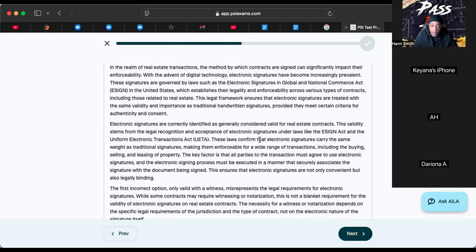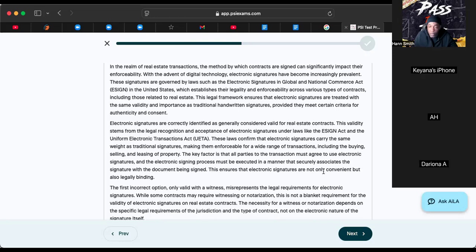These laws confirm that electronic signatures carry the same weight as traditional signatures, making them enforceable for a wide range of transactions, including buying, selling, and leasing property. The key factor is that all parties to the transaction must agree to use electronic signatures, and the electronic signature process must be executed in a manner that securely associates the signature with the document being signed. This ensures that electronic signatures are not only convenient but also legally binding.